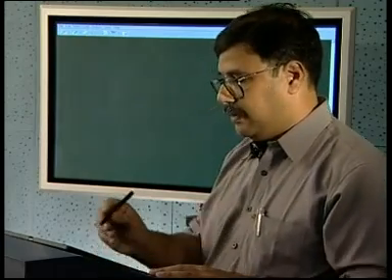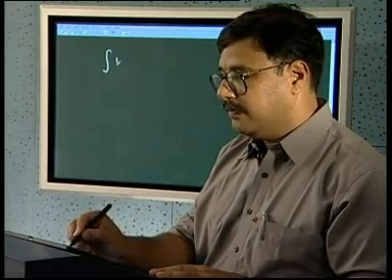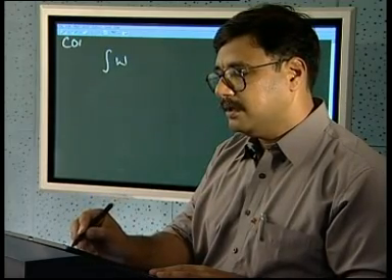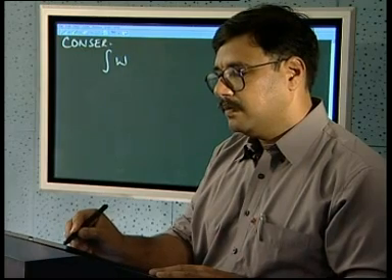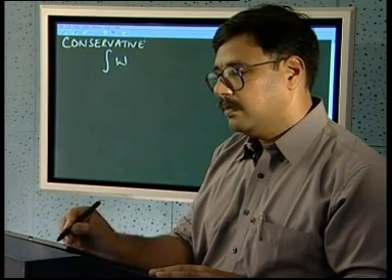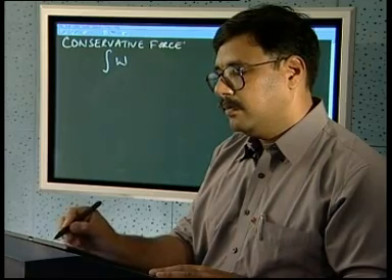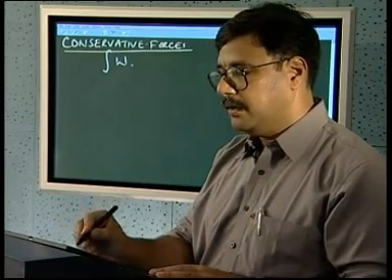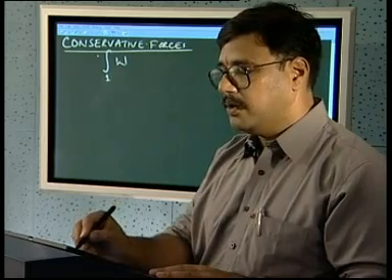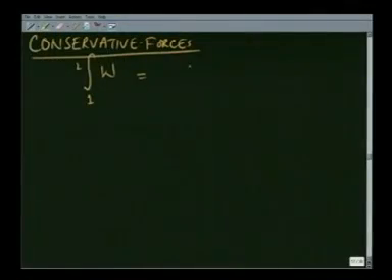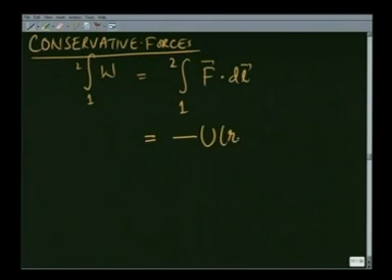Let us now see then, if the work done for conservative forces, so I am focusing on conservative force, if the work done is independent of path 1 to 2, which is equal to integration f dot dl from 1 to 2, then I can write this as the difference between a quantity at these 2 points.